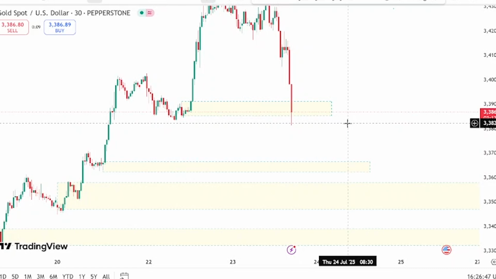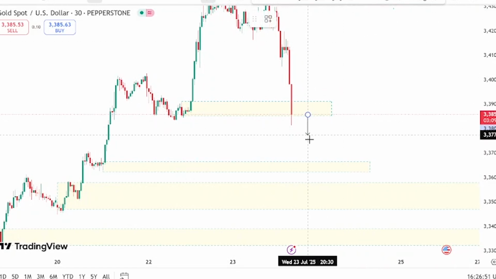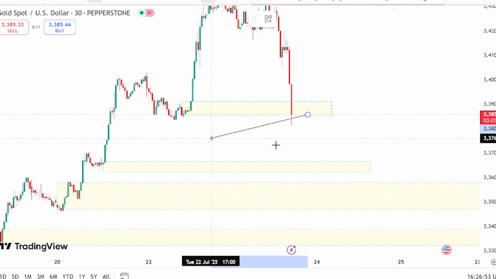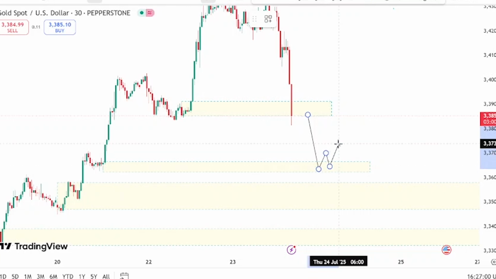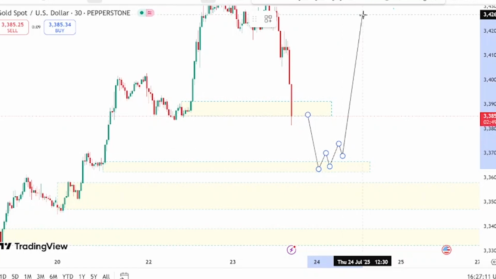So what are those confirmations? If the market creates a lower low, you can see we can break from this area. Then from this area, we need a market structure. We need a correction of higher highs and higher lows. That is a creation of the chart pattern. So if we create a chart pattern from this area, we are going to be entering by anticipating the market to continue moving up.